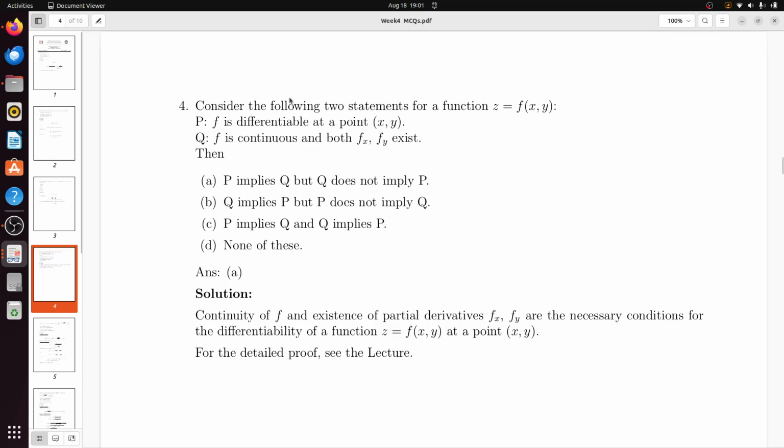Okay, so now consider the following two statements for a function z equal to f(x,y). Statement P: f is differentiable at a point (x,y), and Q: f is continuous and both fx, fy exist.